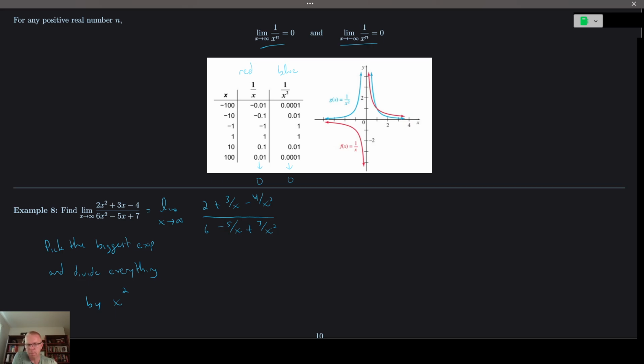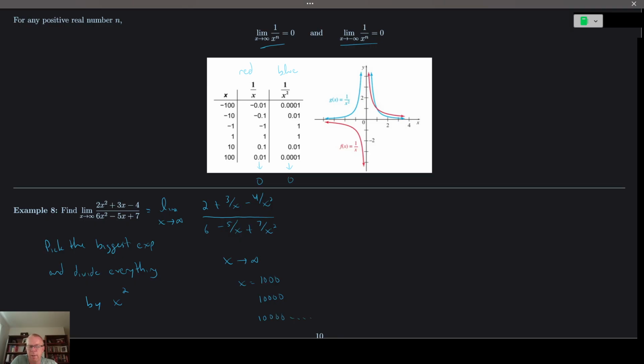So now, when x is really big, we'll get some answers. We're not going to get 0 over 0 or anything like that when x gets really big. So now imagine x is going to infinity. So x is 1,000, x is 10,000, x is 1,000,000, on and on.